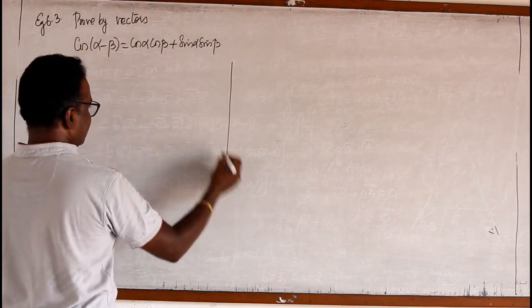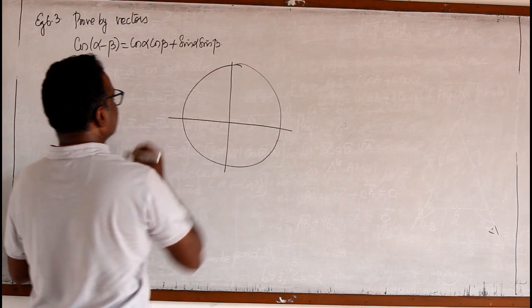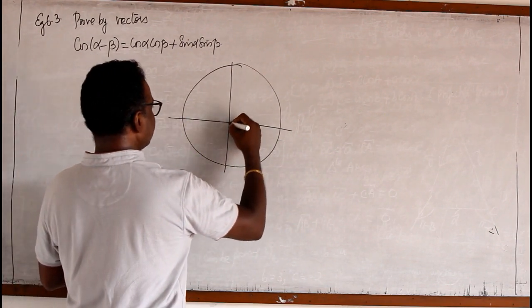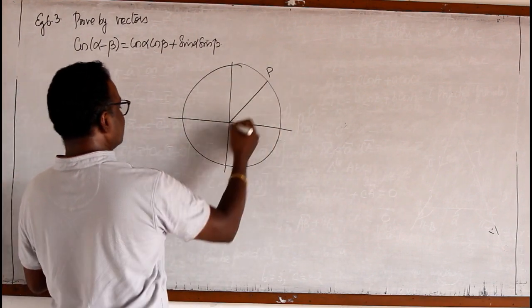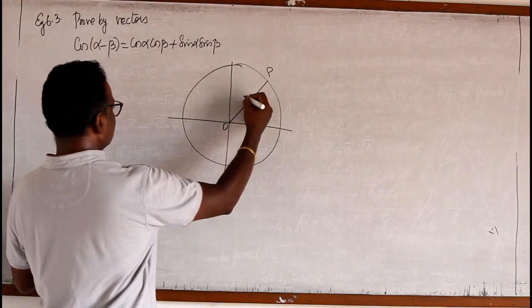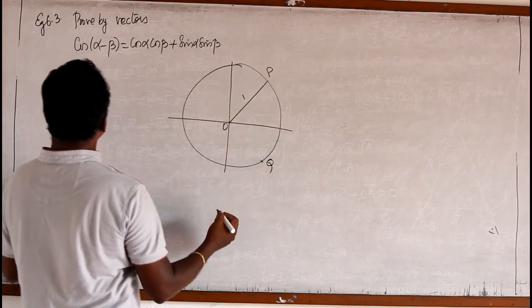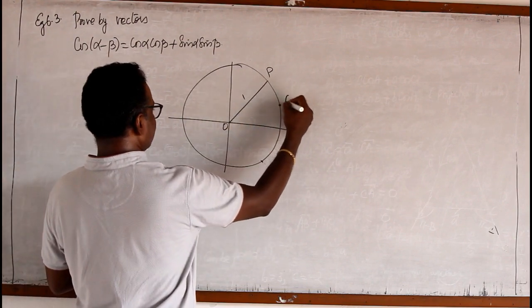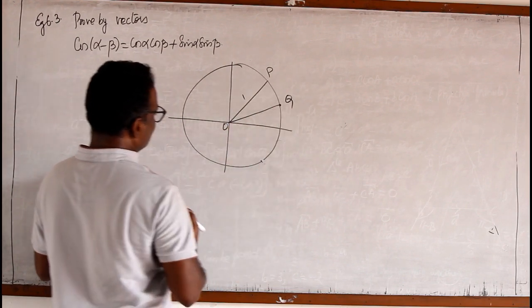Let me take a circle and name it the unit circle. Unit circle means radius is 1 unit. So let P be a point on the unit circle. Remember OP is 1. Then let me take Q as another point. Then OQ is also 1 unit.